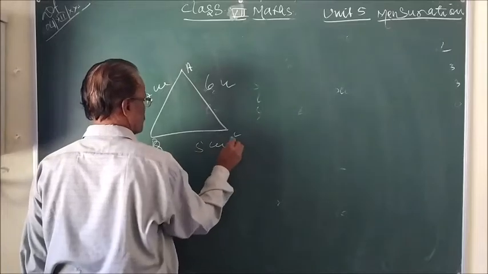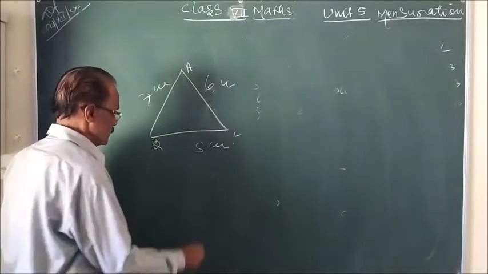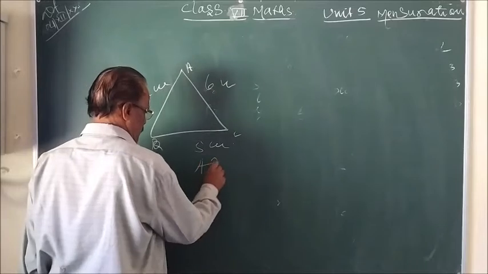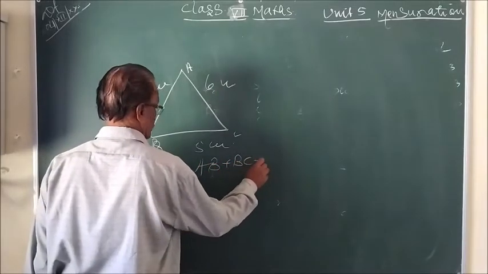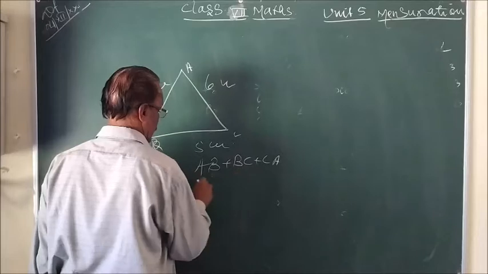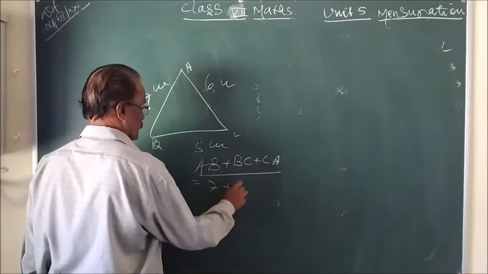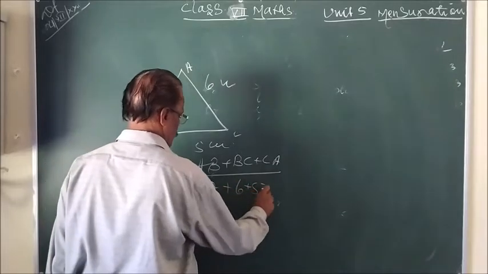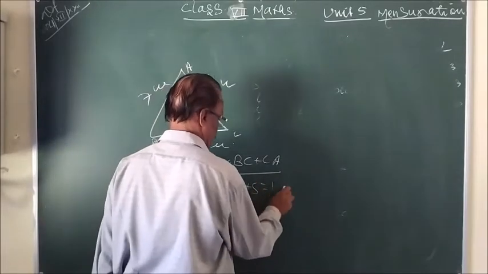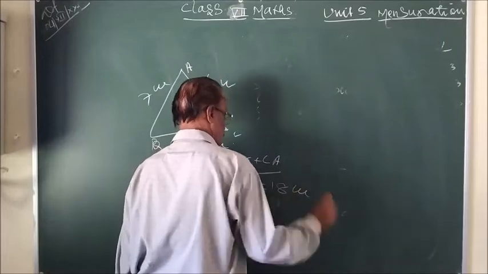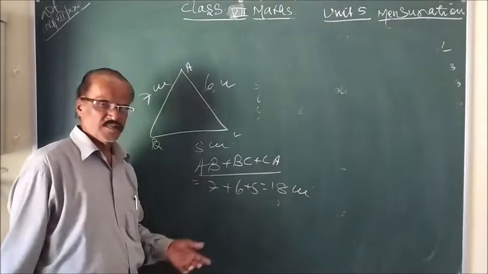So what is the perimeter? As I told you, AB plus BC plus CA, the sum of all the three sides. So 7 plus 6 plus 5, that is 18 cm. This is the 18 cm perimeter.